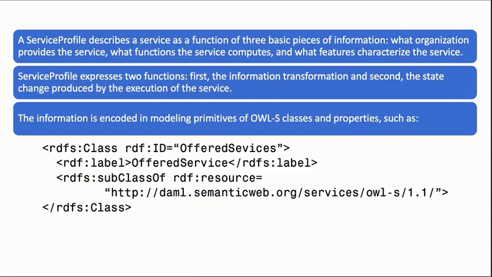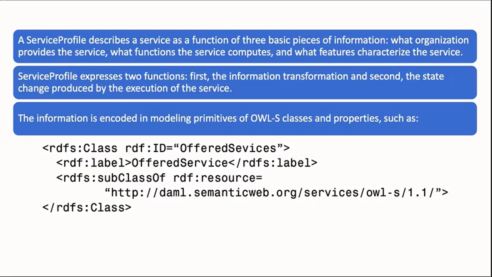There is a two-way relationship between a service and a profile that is expressed by the properties: presents relates an instance of service and an instance of profile, and presentedBy specifies the inverse of presents.